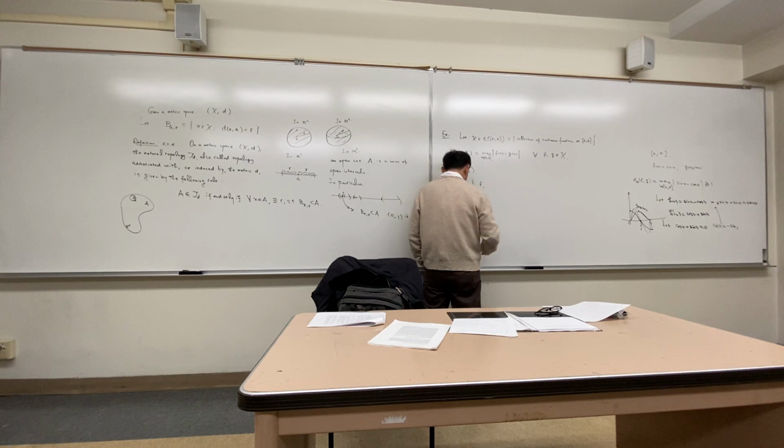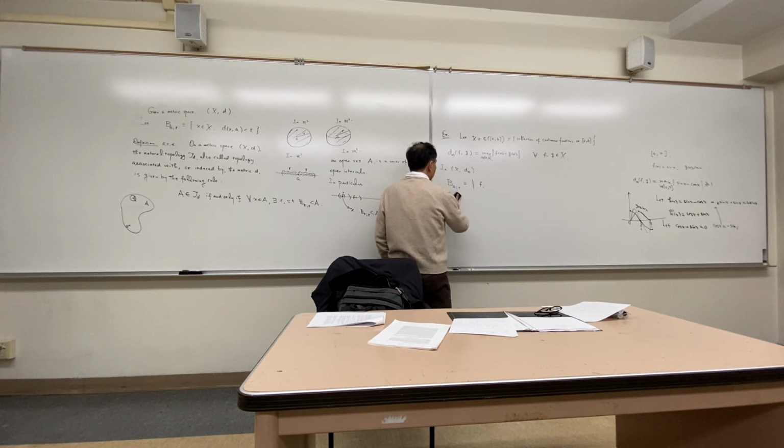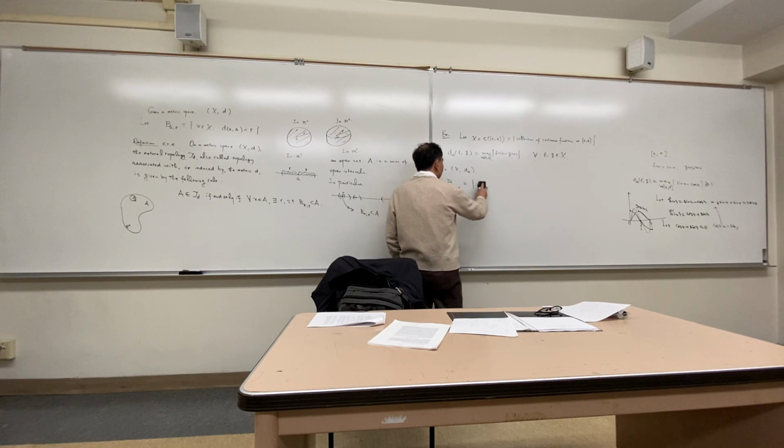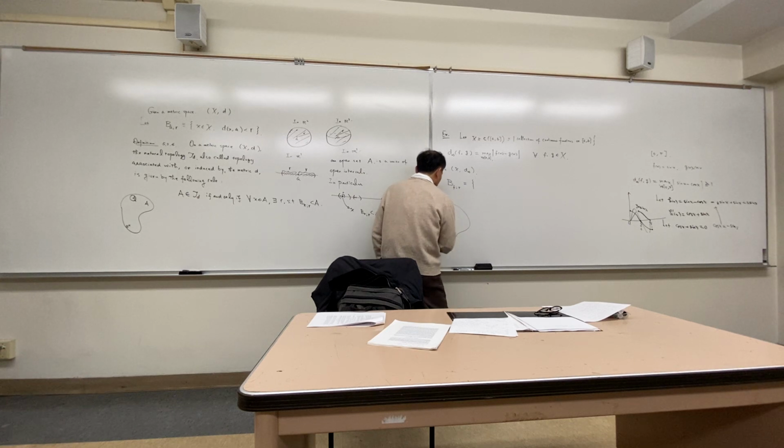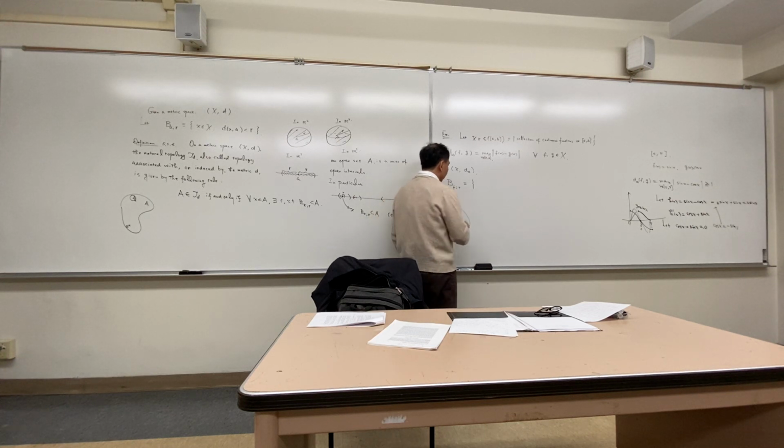So given, sorry, not A, this will be confused with an element. Let me call it f. An element is an f, which is a point in this X. And then take f as the center. So we have a ball of radius r, center at f. What does that mean?